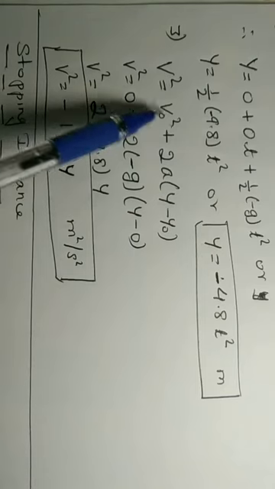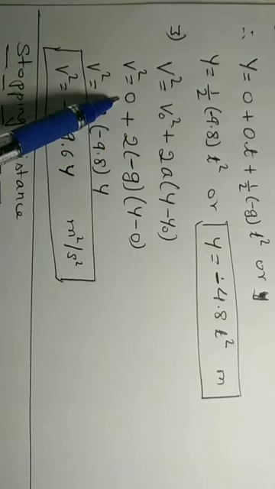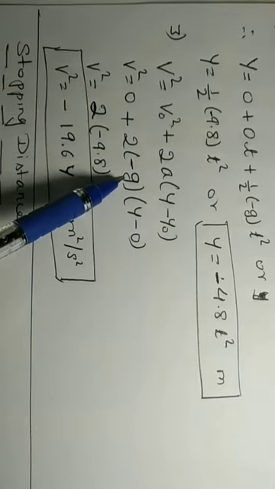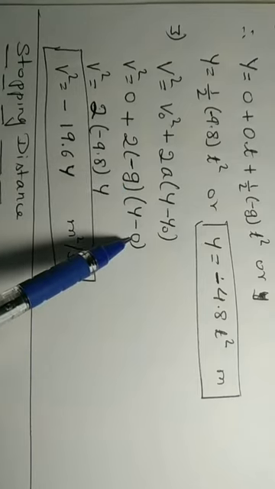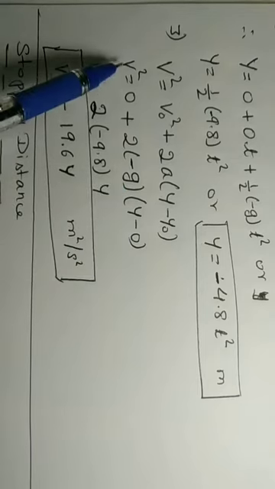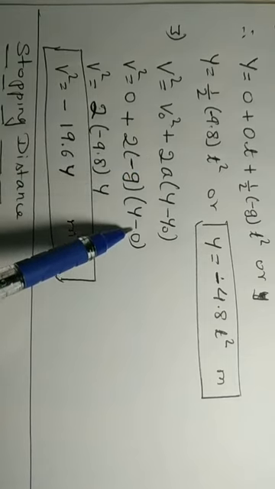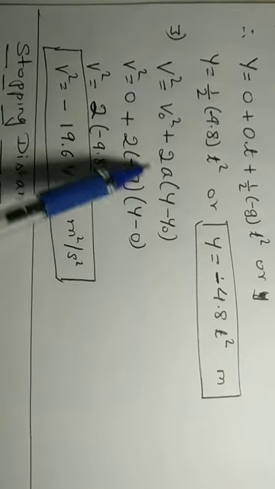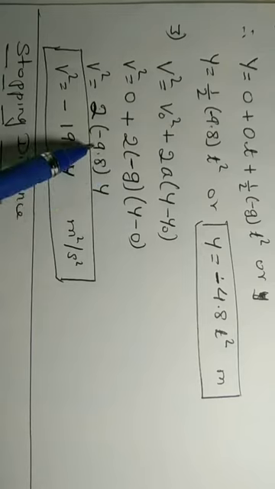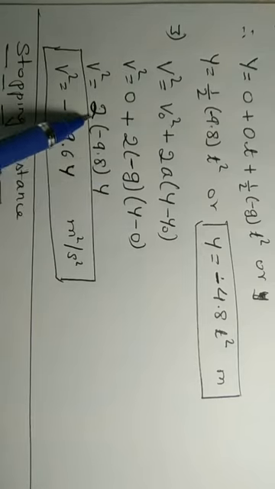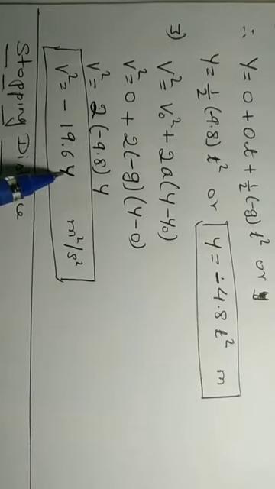Now we know the initial velocity is 0, instead of a you can write minus g, and y naught is 0. Therefore v square equals 2 into minus 9.8 into y, so 2 into 9.8 gives minus 19.6 y.